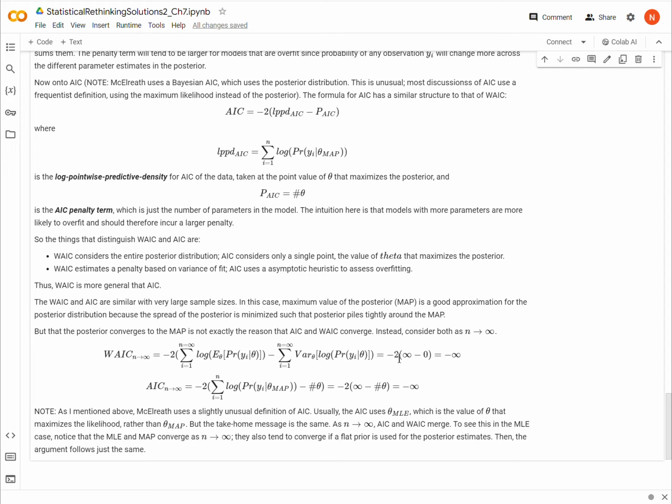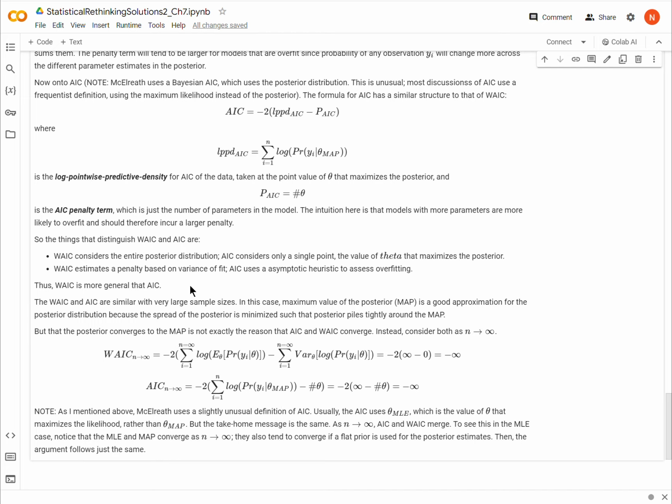So in the limit, these two things are equal. Okay, so that's the circumstance. I think the only circumstance in which WAIC and AIC are the same is as the sample size gets bigger. So if you have a better answer, do please comment. I would be very curious.